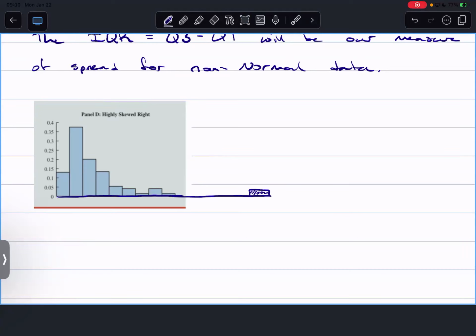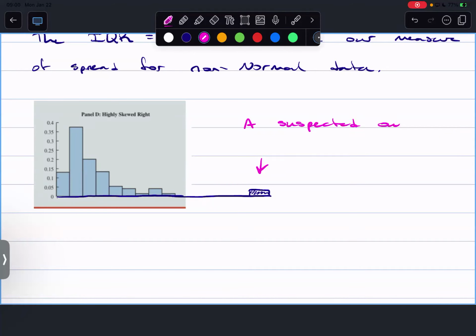So now we have a suspected outlier in our data. That's not usually good enough, right? If we say, oh, I suspect that this is an outlier, then someone can come back to you and say, well, is it an outlier or not? Right? And so then we need, what?